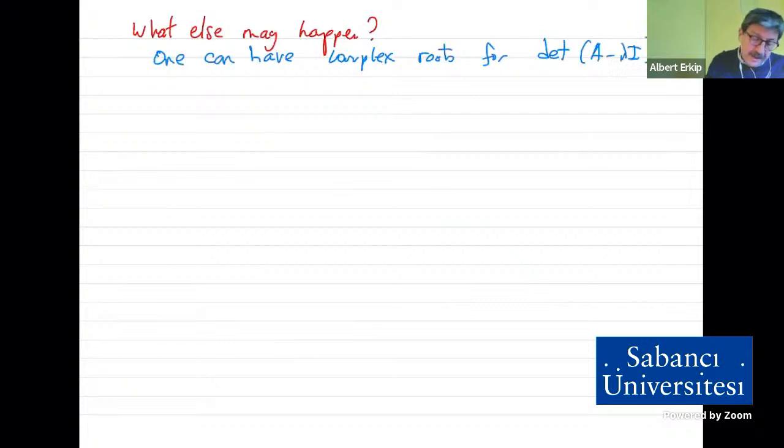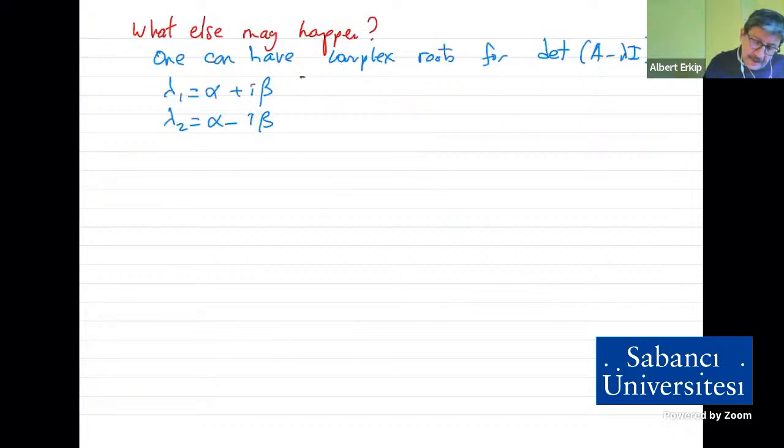Complex roots means lambda 1 would be, say, alpha plus I beta, but then lambda 2 will be alpha minus I beta. Why?